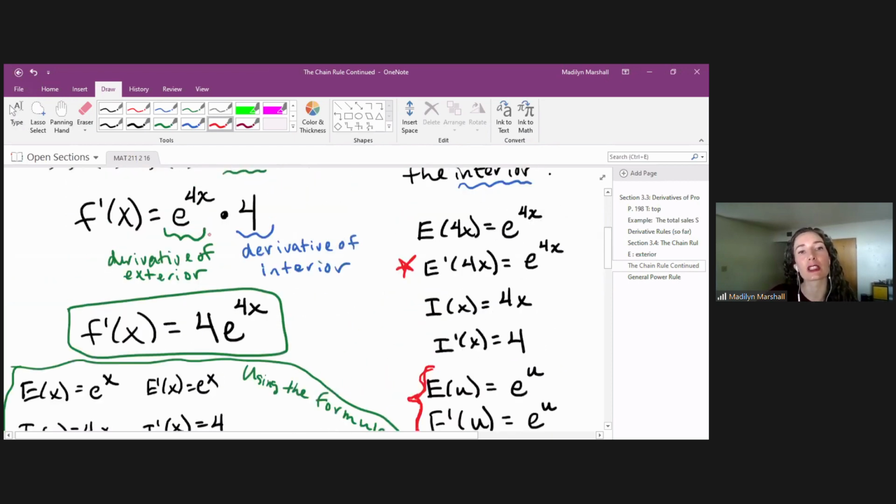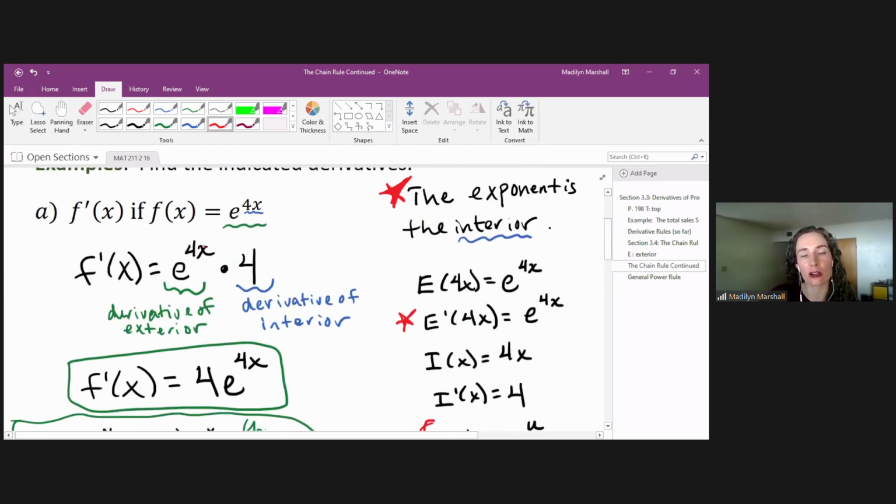If it works to just work in these layers of doing the derivative of the exterior and then the derivative of the interior, that also works. So I will be checking your work to make sure that you're showing your work and doing it correctly, but I won't be looking for an exact way as long as it's done correctly, the derivative of the exterior and the derivative of the interior.